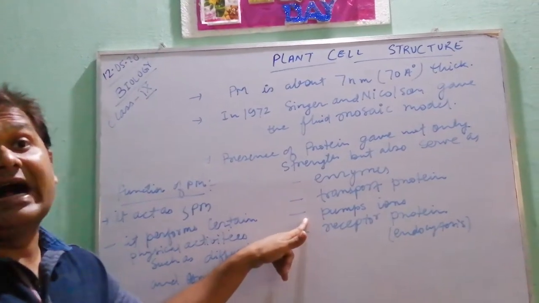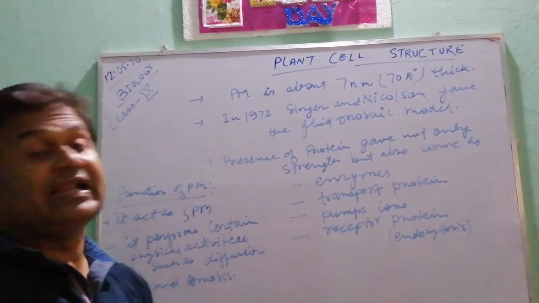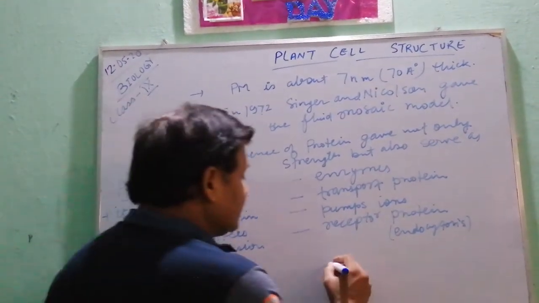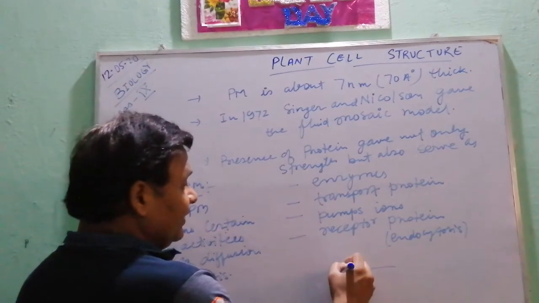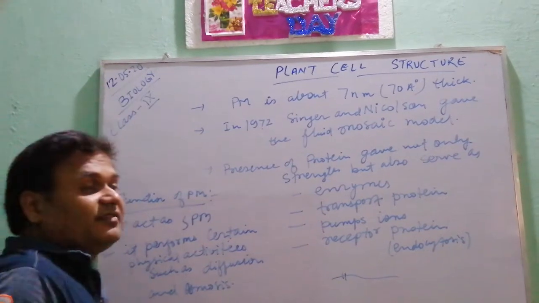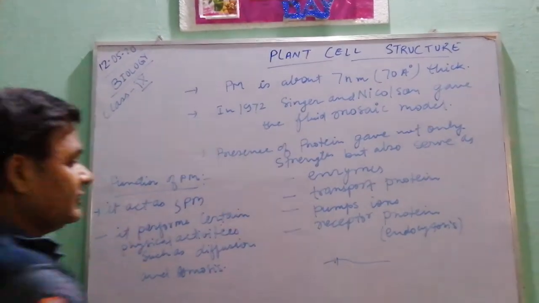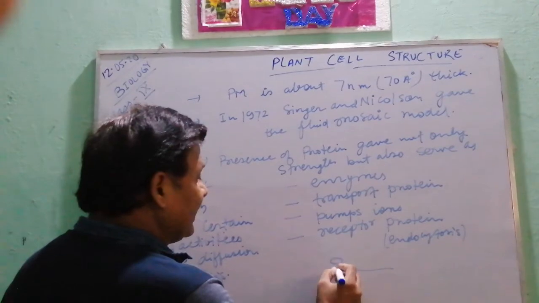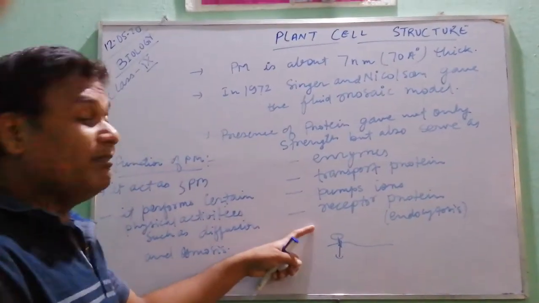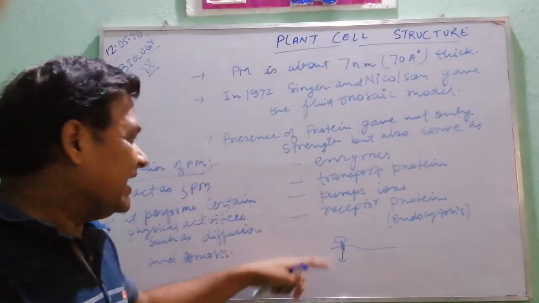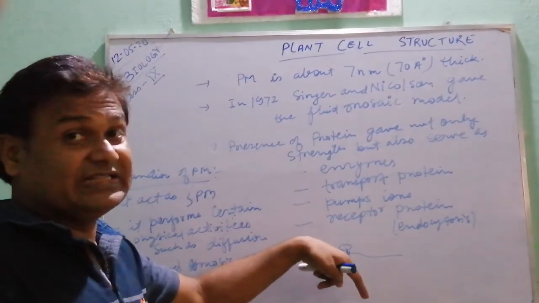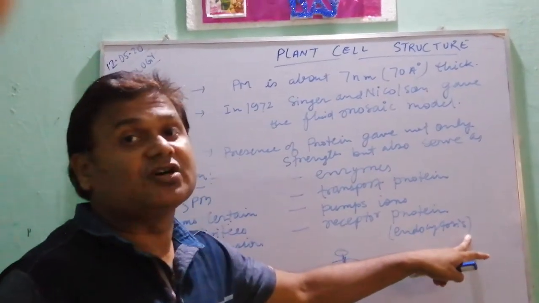They can pump ions through which information is collected. Then there are receptor proteins. When medicines are taken to cure a disease, they come here and attach to the receptors. These receptors open and place the medicines inside the cell. That we call receptor protein. When receptor proteins take material inside the cell, it is called endocytosis.